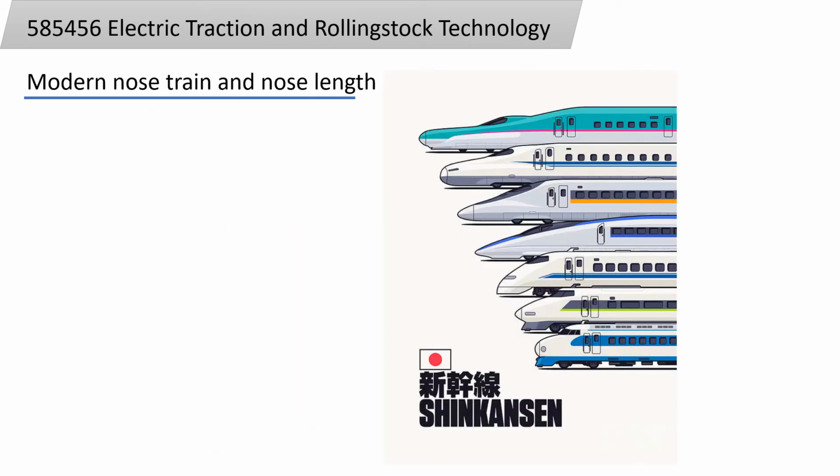This slide shows the Japanese E5 series Shinkansen train. As we can see from the figure, from bottom to top, the first model of the E5 series has a shorter nose, the second one has a little bit longer nose, the third one is the inverted bathtub shape and has a longer nose, and the fourth one has a greater nose length.